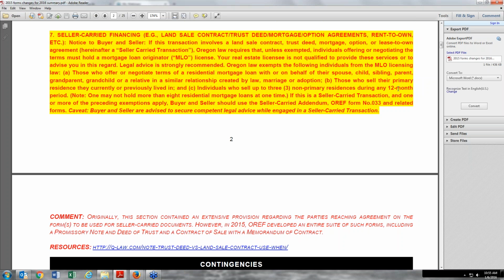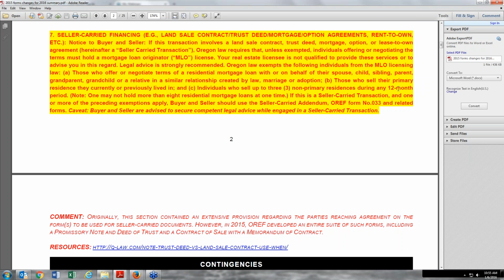And that's a huge exemption, by the way, because by and large, that's what these transactions are, typically a seller is doing it for themselves or on behalf of a relative. And if that is the situation, then the MLO law does not apply. That is to say, the seller is exempted and does not have to get a license.